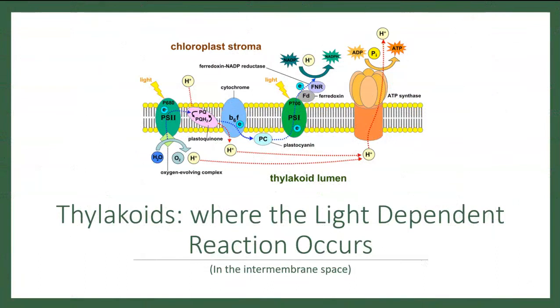Looking in a bit more depth here, we're looking at the actual membrane. You've got the chloroplast stroma outside of the thylakoid, then the thylakoid membrane, and then inside. We're going to look at this all in more depth, but you can see that there is quite a complex process occurring here. These metabolic processes are quite complex.